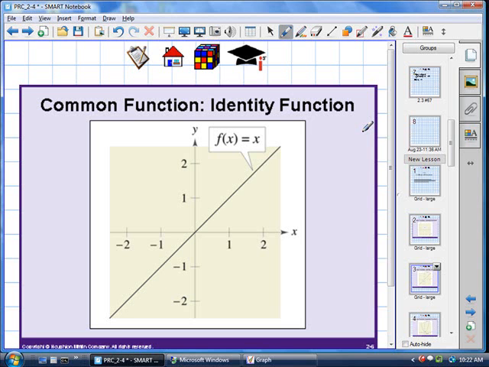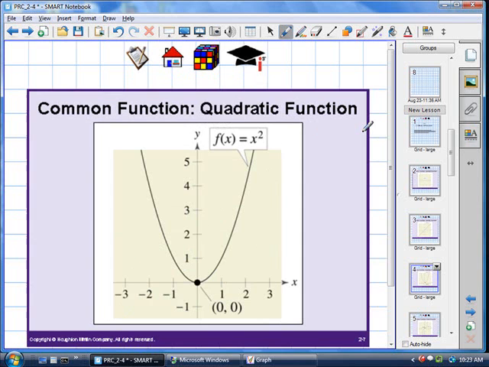And so you have points like negative 1.8, negative 1.8, 2, 2, always the same y coordinate as x coordinate. Okay. And by the way, the identity function becomes really important later in the chapter when we do inverses. It's the what? Reflection line.